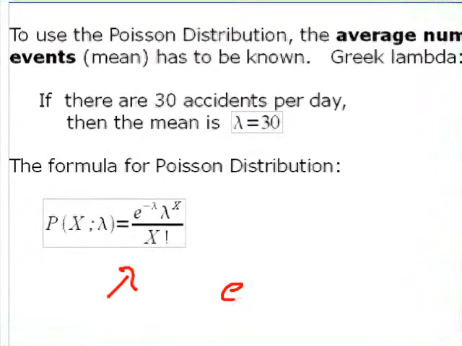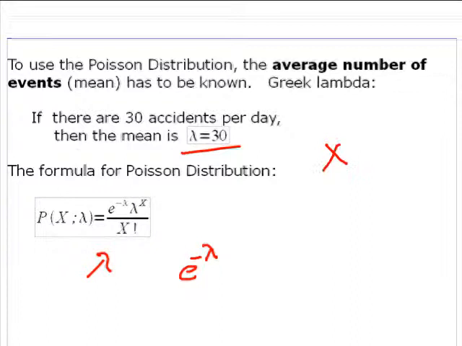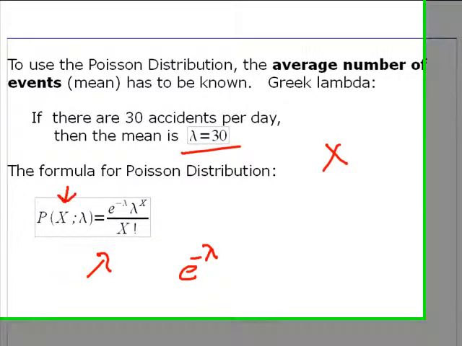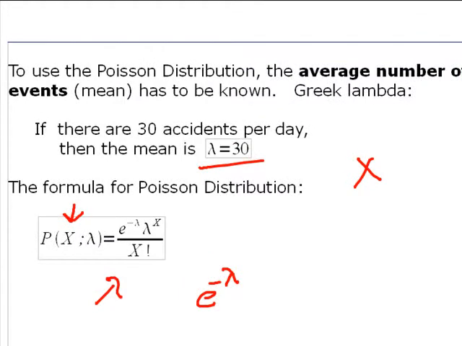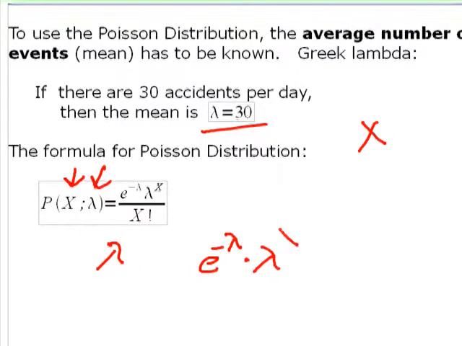Then e to the minus lambda is the first term, and that's the average that you were given. X is the number that you want to investigate. So this is the probability that X events will occur, given that this is the average number. That's multiplied by lambda raised to the x, and divided by x factorial.